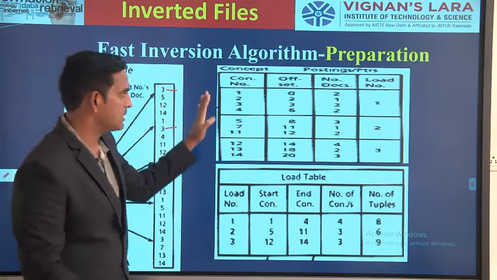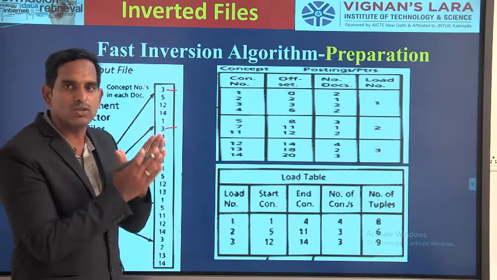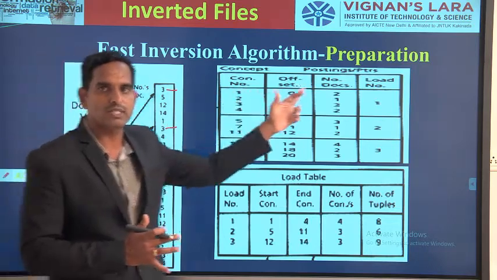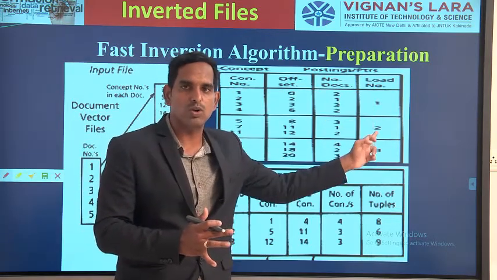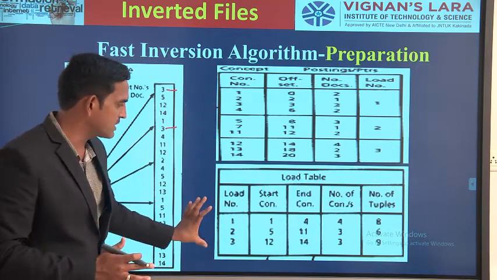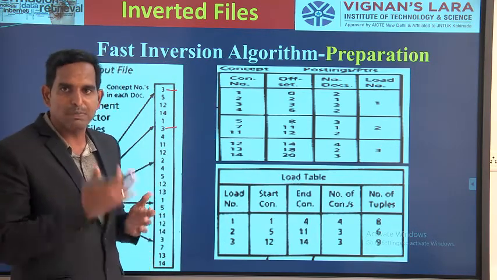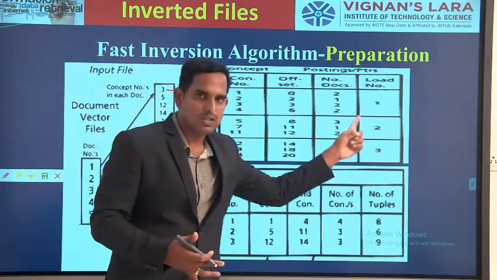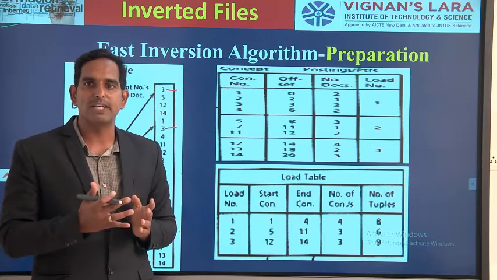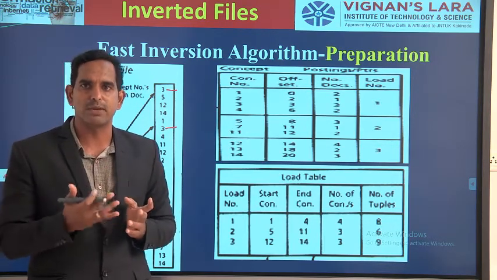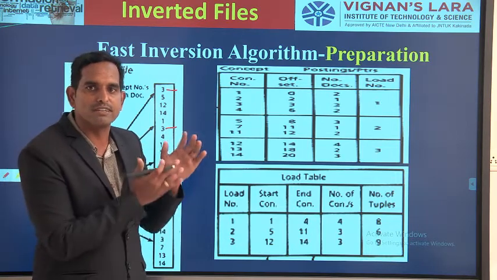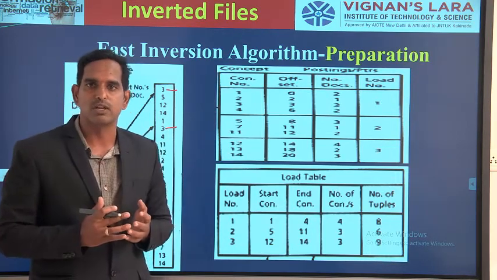Among these 10 concepts, we are going to break them down into loads. We have broken these 10 concepts into 3 loads: load 1, load 2 and load 3. The first one is the postings file, the second one is the load file. As I told you, these loads will be decided by the size of your primary memory, that is, how much data you can fit in that primary memory.